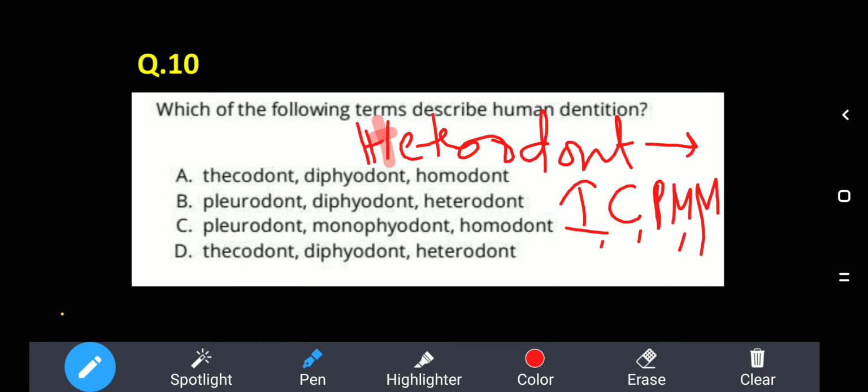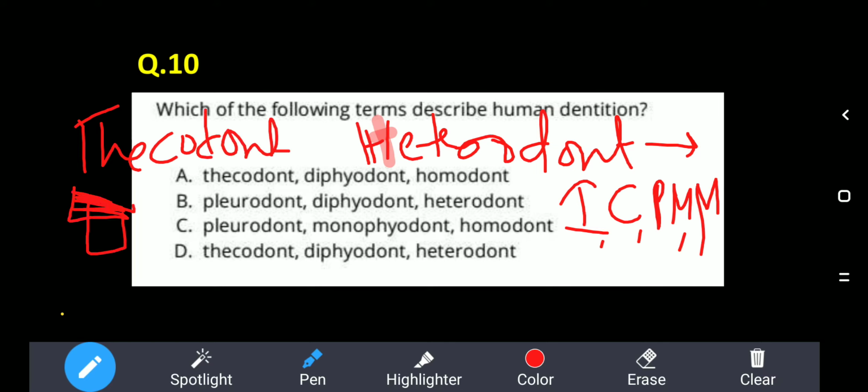Then we have got thecodont. That means our teeth are embedded in the sockets. If there is no socket, then all our teeth will fall off. We are also diphyodont.